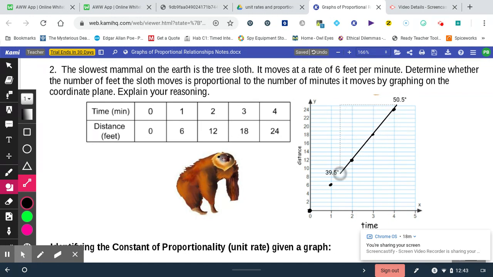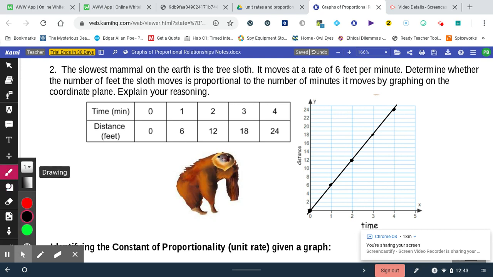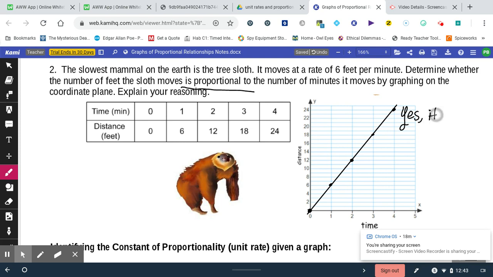And let's see what happens here. As you can see, it touches the origin. So just by looking at the graph, I can say that it is proportional. When it says determine whether the number of feet is proportional, I'm going to put yes. It is proportional.